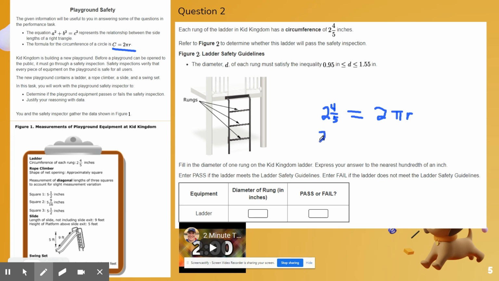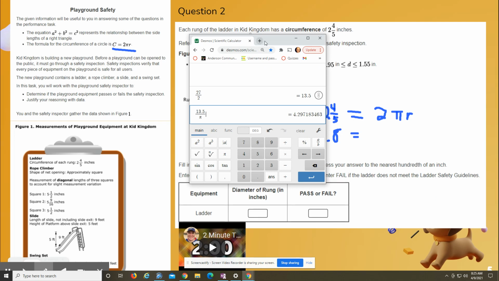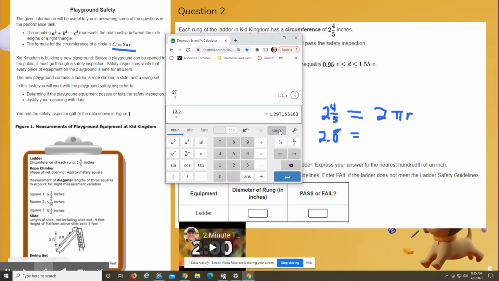So this is 2.8, and then it's going to equal 2 pi. So you're going to go back to your calculator, and really you don't have to write this down. You could go 2.8 divided by 2 divided by pi.